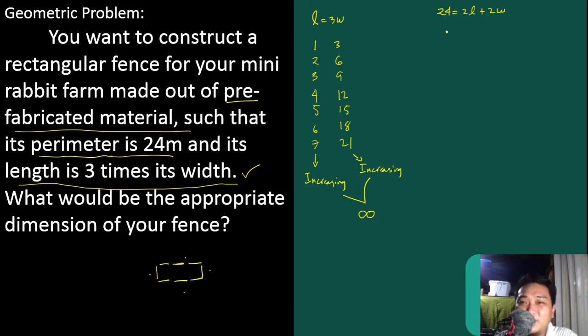Ano ba yung pwede? So, 24. Pagka yung length 1 times mo sa 2, so 2 times 1 is 2. I-minus agad natin para hindi tayo malito, ito yung width natin, tas ito yung length natin. Pwede naman ganyan, di po ba?